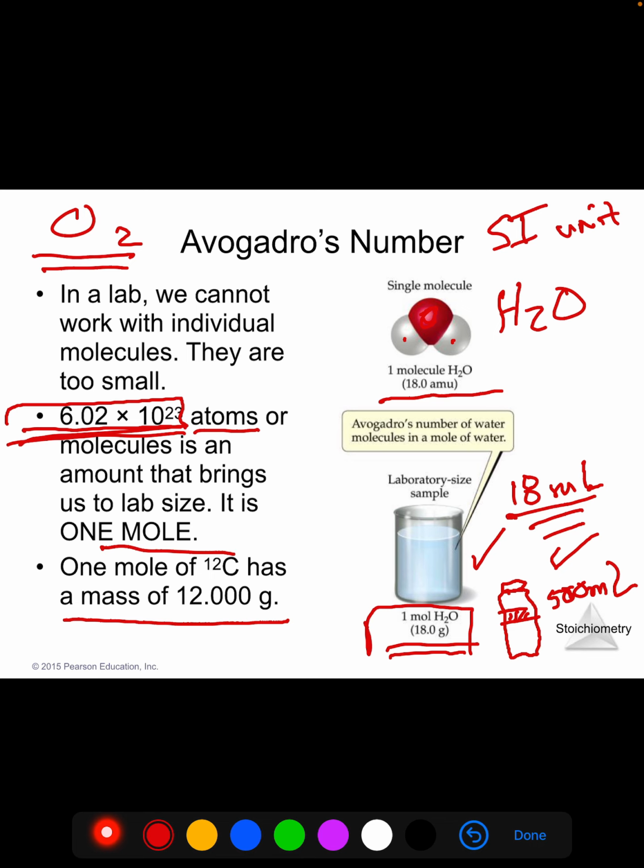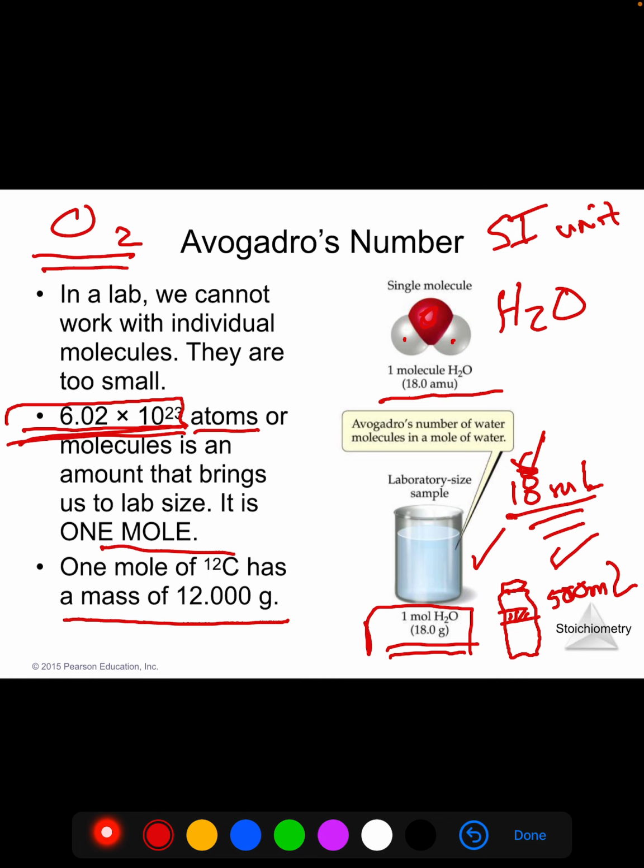So 1/20th or so of that bottle, 1/25th of that bottle would be about 20 mLs or 18 mLs, one big swallow. And that's a usable, measurable amount. We can measure 18 grams, we can measure 18 milliliters.